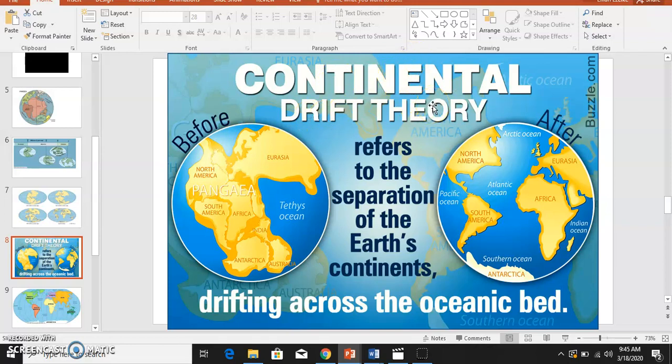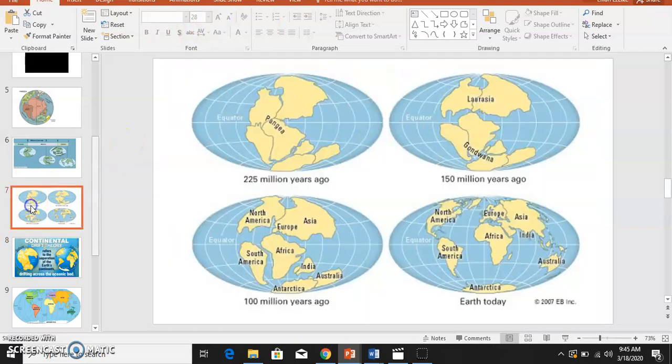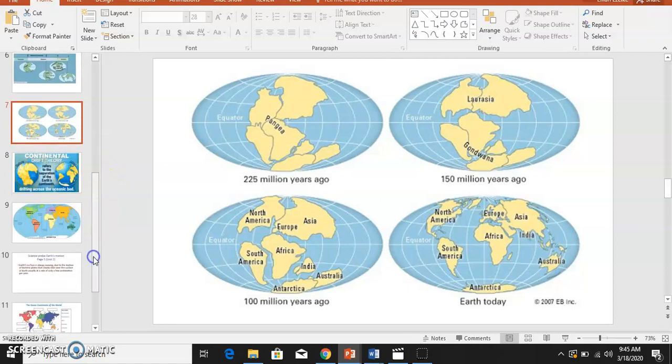We are going to talk about that in the coming lessons, where we will see the evidences, the scientific proofs that support what we are talking about today. There are some proofs that scientists have gathered to tell us that actually there is a motion going on on the surface of the Earth. Okay? All right. So we proceed now.